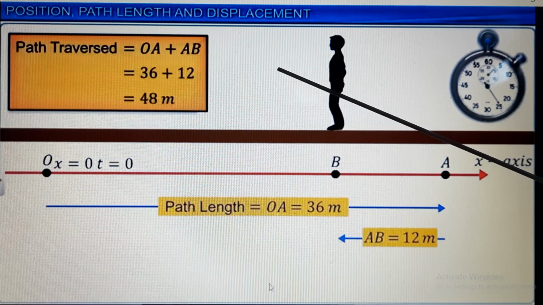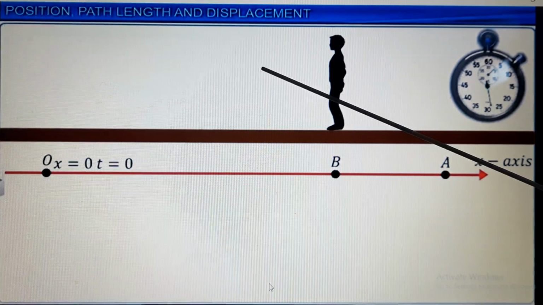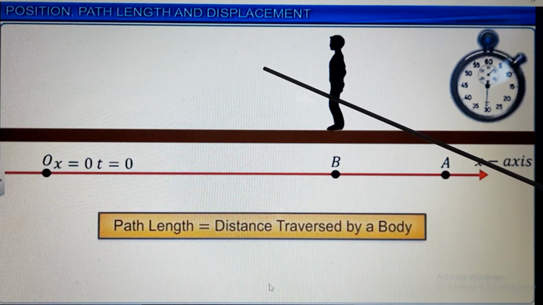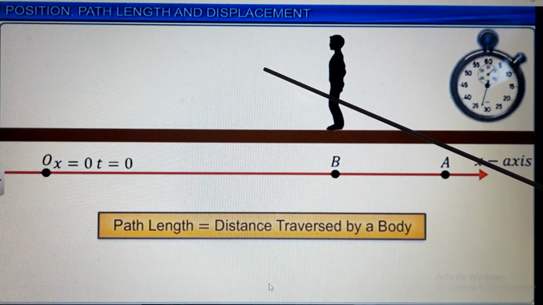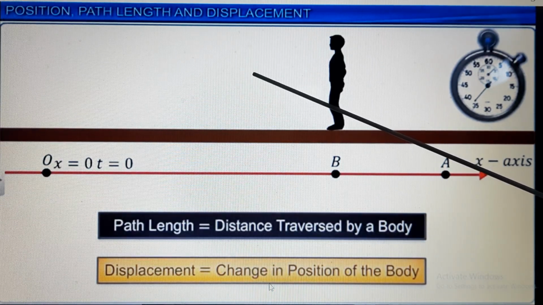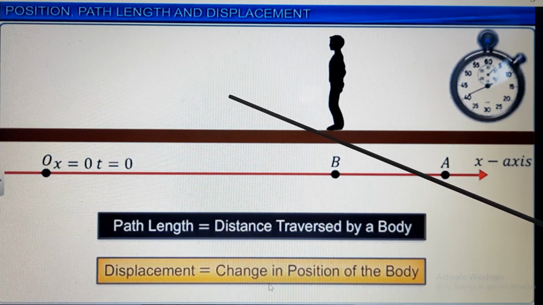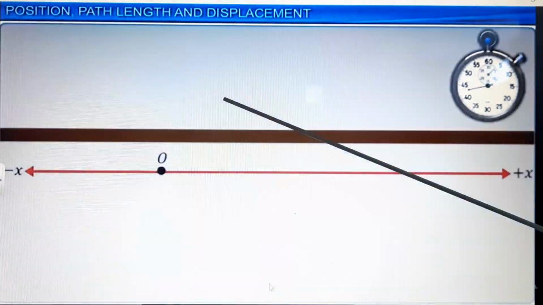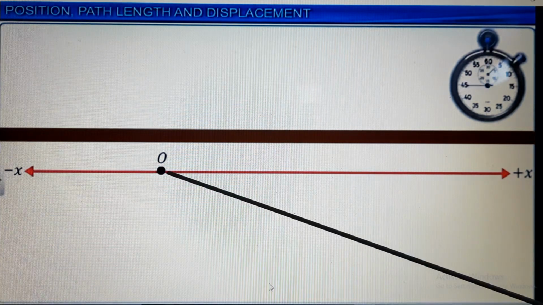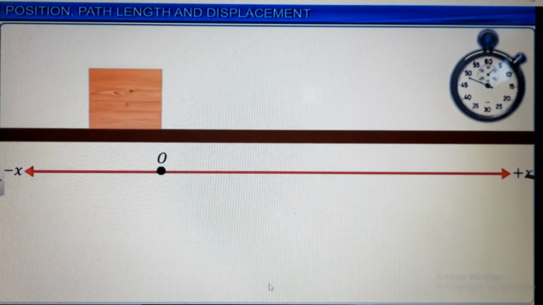But now we want to find displacement. So the definition of displacement is final position minus initial position, means change in position of the body. Suppose, look here, this is the origin, this is the negative x-axis and this is the positive x-axis.